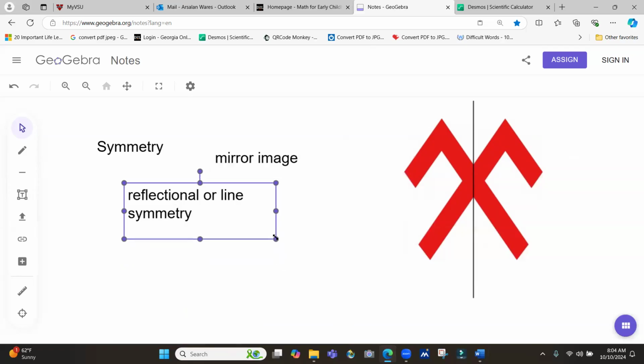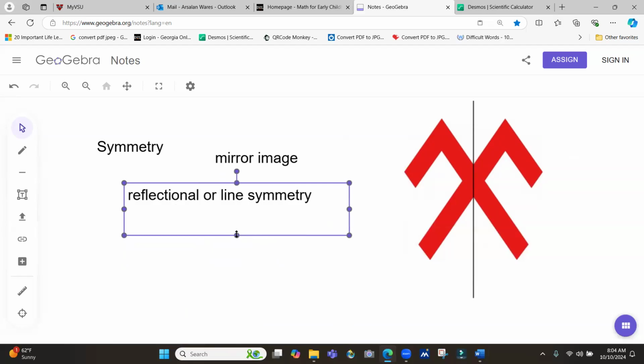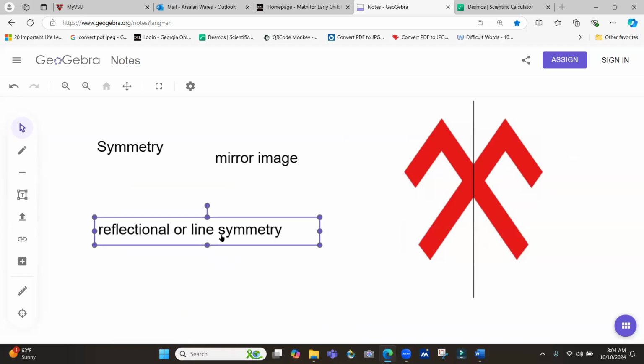Once again, symmetry is about balance. In mathematics or geometry, we have multiple, actually two types of symmetries. Actually, there are more. We'll discuss only two. And you will be teaching some of these things, and you will be tested on your knowledge of some of these things when you take GACE.